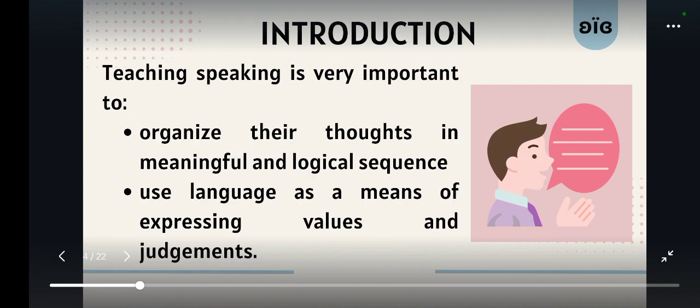Next is that in teaching speaking, it is very important that the thoughts are organized so that they could be meaningful and logically sequenced. And the language used should be the means of expressing values and judgments.